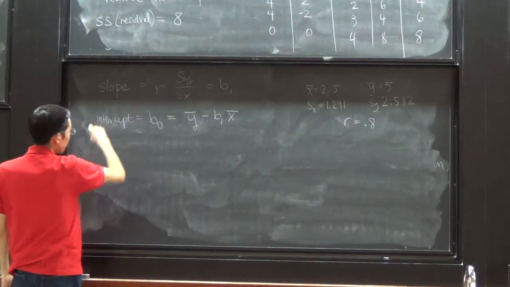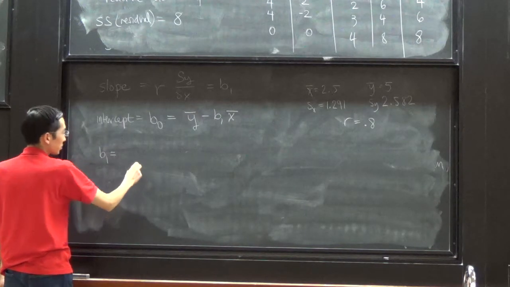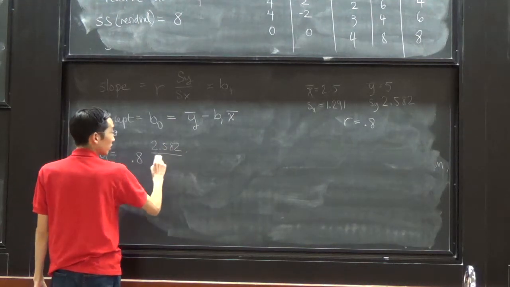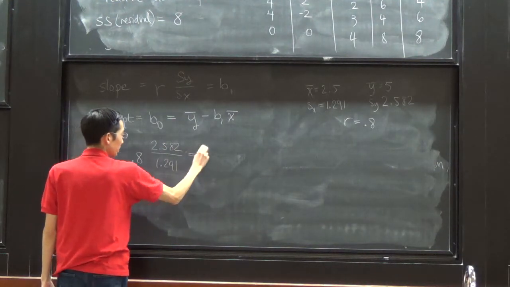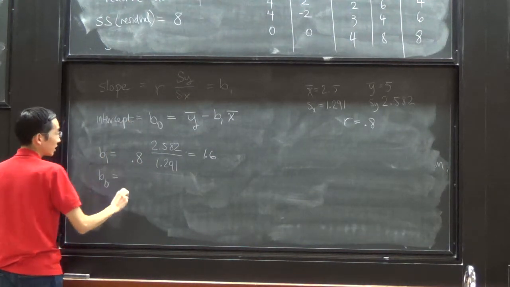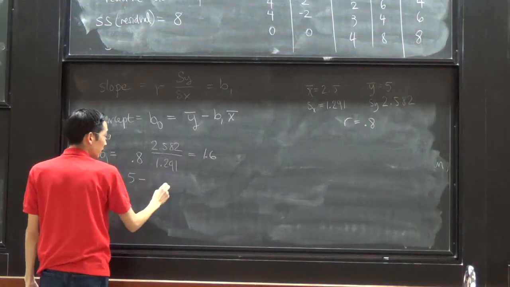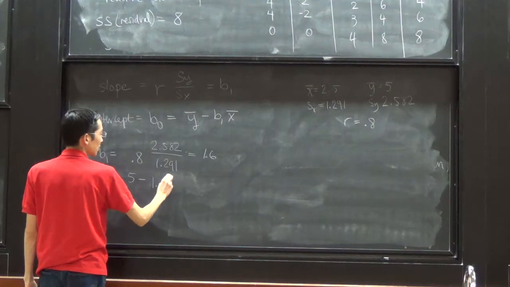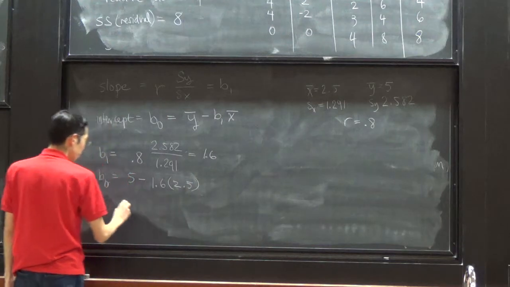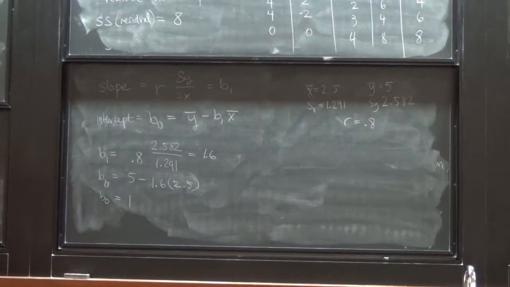Just plugging that in to calculate the slope, b1 is equal to 0.8 times 2.582 over 1.291, and we get a slope of 1.6. And the intercept b0 is going to be 5 minus our slope of 1.6 times x bar of 2.5, and we get b0 is equal to 1.